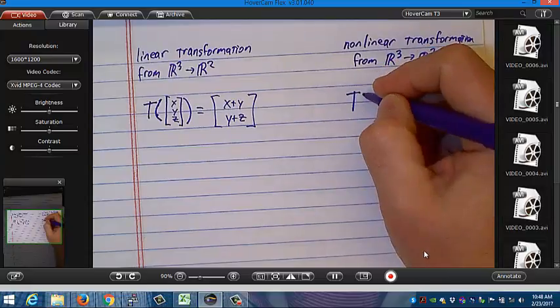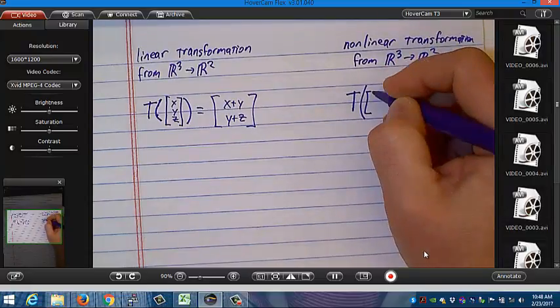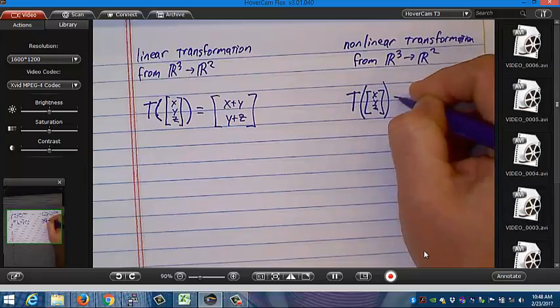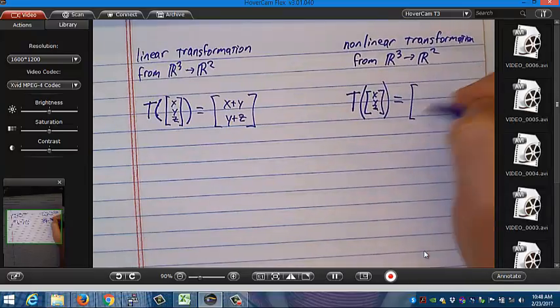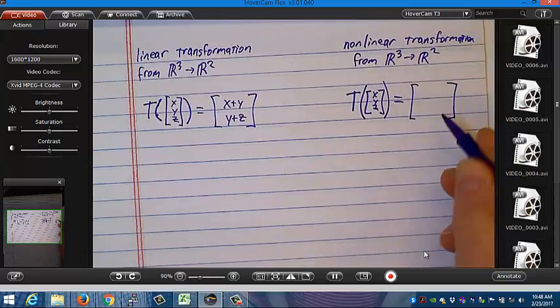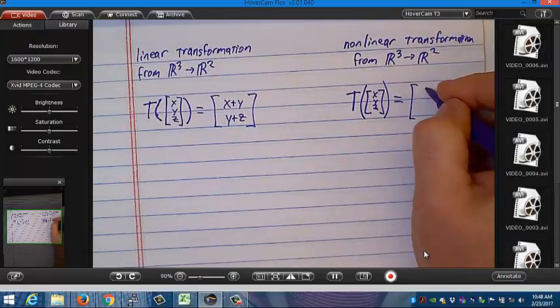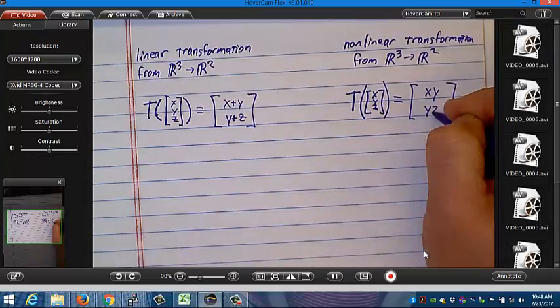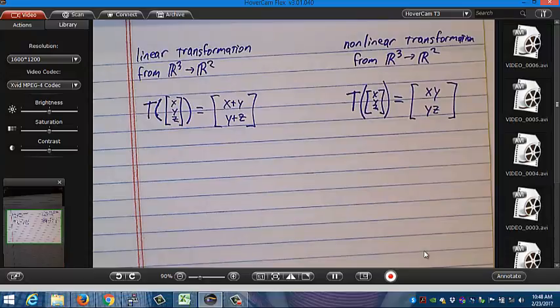This one is a nonlinear transformation. I like this example. T of X, Y, Z equals, and so suppose you take X times Y and make that the first coordinate, and you take Y times Z and make that the second coordinate. That's not a linear transformation. Is it a transformation? Sure. It takes anything in R3 and it'll spit out something in R2.